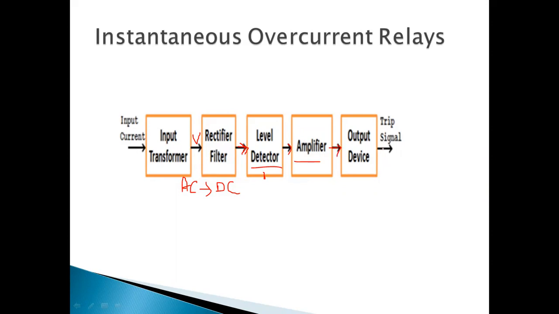It is given to the trip signal, for disconnecting the faulty circuit. Its operation is very fast, therefore it is called the instantaneous static overcurrent relay.